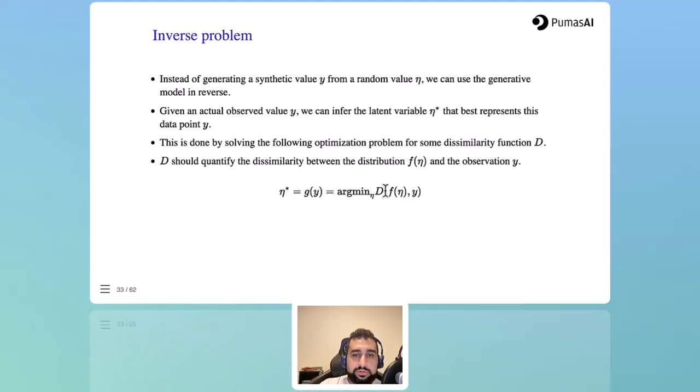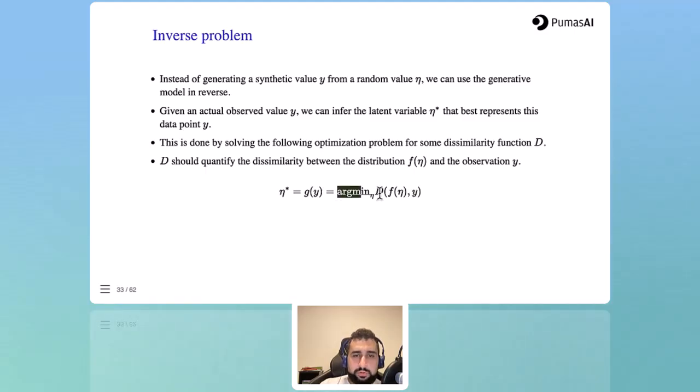And the goal here is to figure out some dissimilarity function, and we'll discuss a very specific commonly used one in the next slide, such that the distance between f of eta and y is minimized. So I'm minimizing the dissimilarity, or in other words, I'm maximizing the similarity between these two. And so I would like to find what value of eta gives me the highest similarity between f of eta and y.